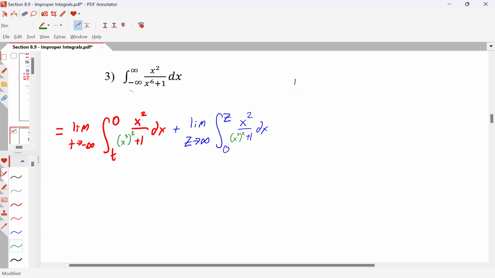Making u equal x cubed, du equals 3x squared dx, or 1/3 du equals x squared dx.